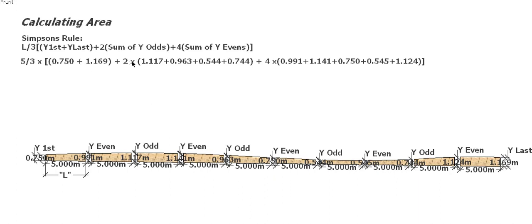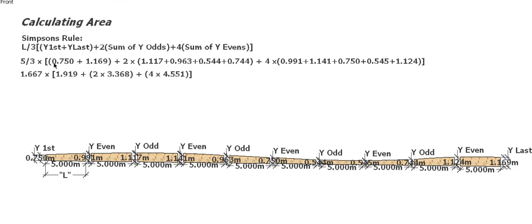Then 2 times all our odd readings: 1.117, 0.963, 0.544, and 0.744. We add them together, then times them by 2. And all our even readings, we add up all our evens, and we're going to times that by 4 at the end. So let's keep working through that.